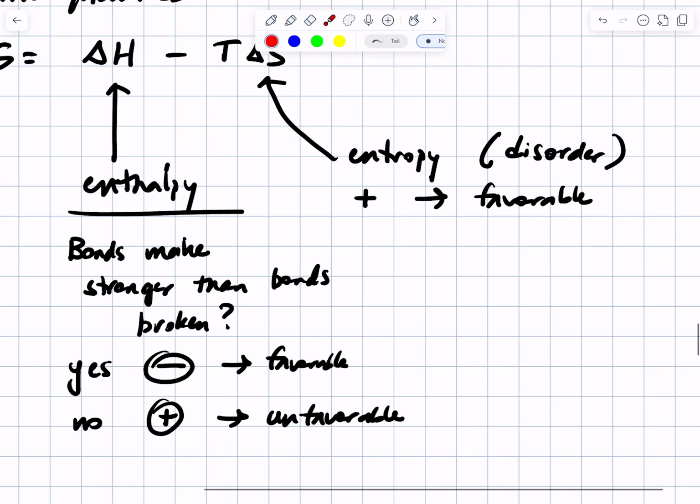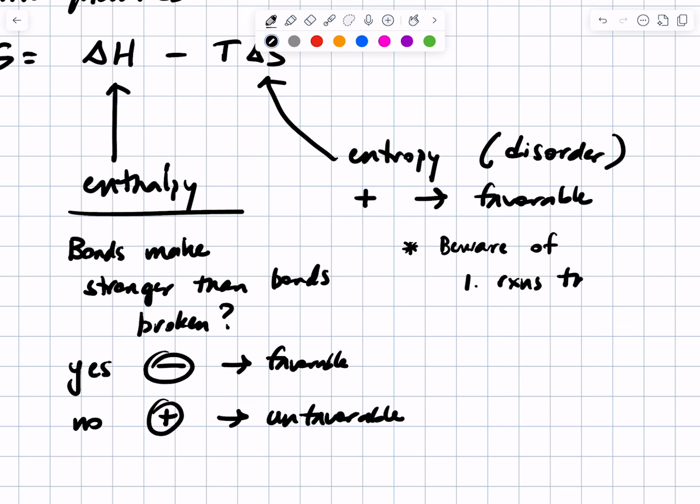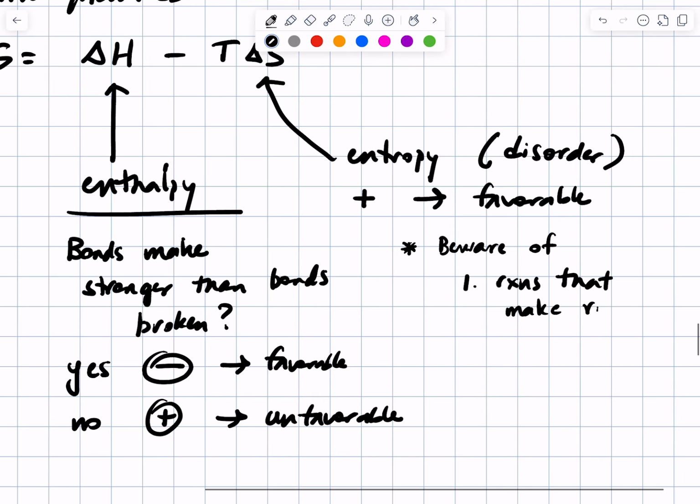There are times when the change of entropy in a reaction isn't small. So I'm just going to put a little asterisk here and say that you want to beware of reactions that make rings or cyclize. That requires a loss of entropy.